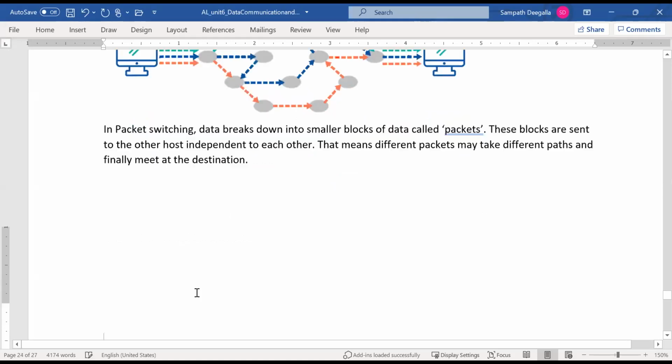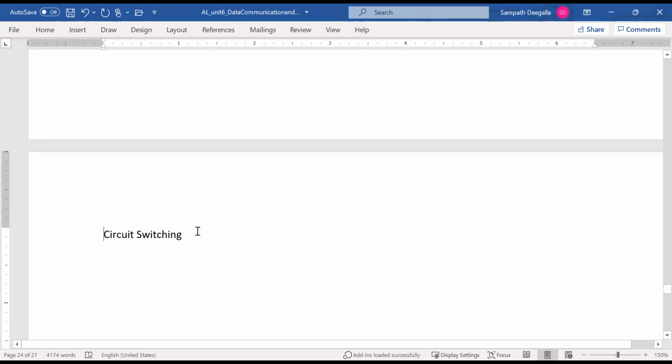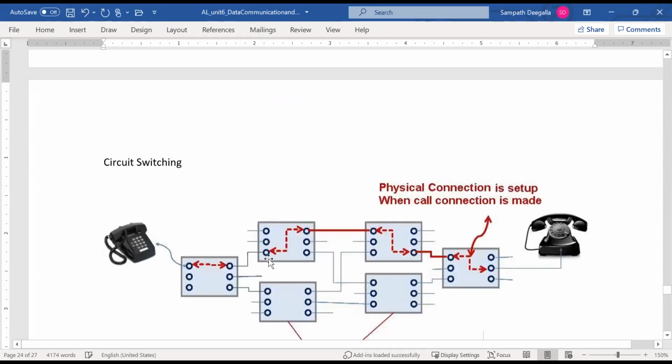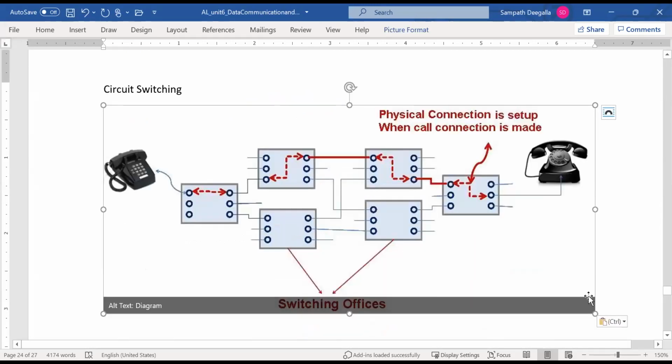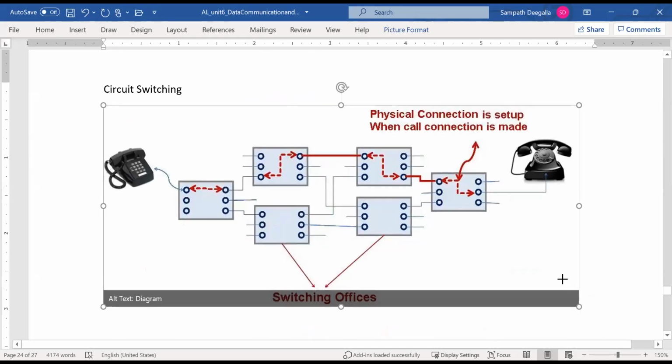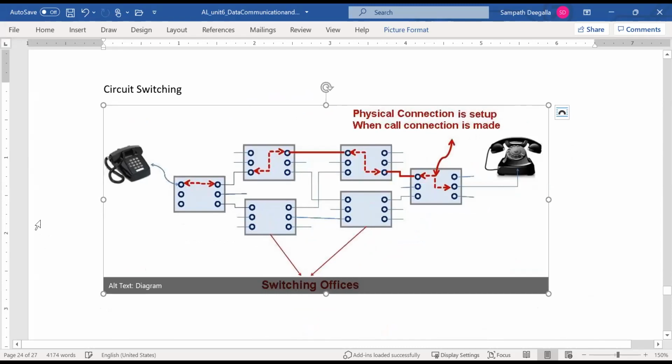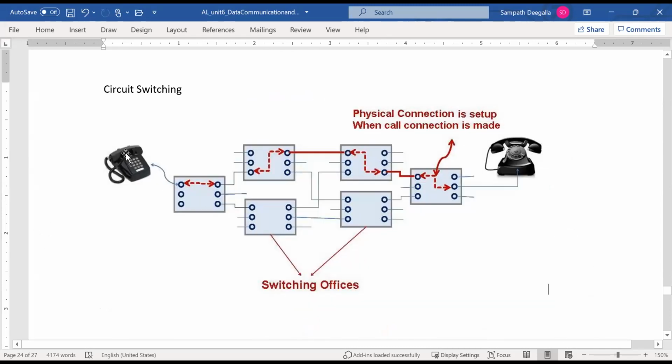Now circuit switching is the other way around. So it's dependent. Dependent meaning you have a dedicated connection. Early days we had a telephone system like this, so that's why in this image I use it to show you the representation. There will be a physical connection from one telephone to the other telephone.